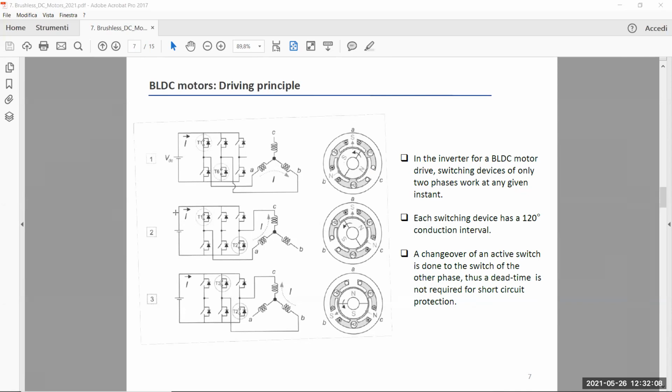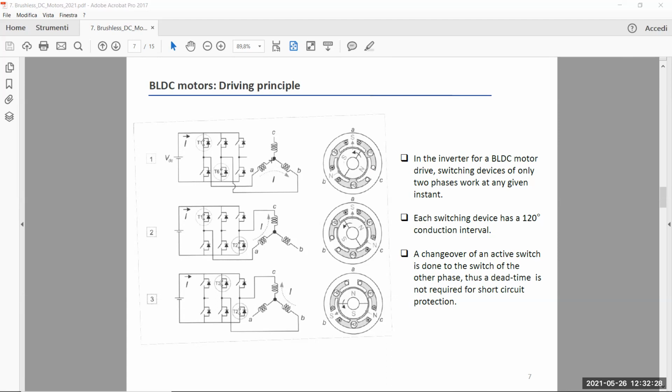The remaining one is left open, so no current can flow through the open leg. For example, in operating mode number 1 you can have a current which is flowing inside the node A.